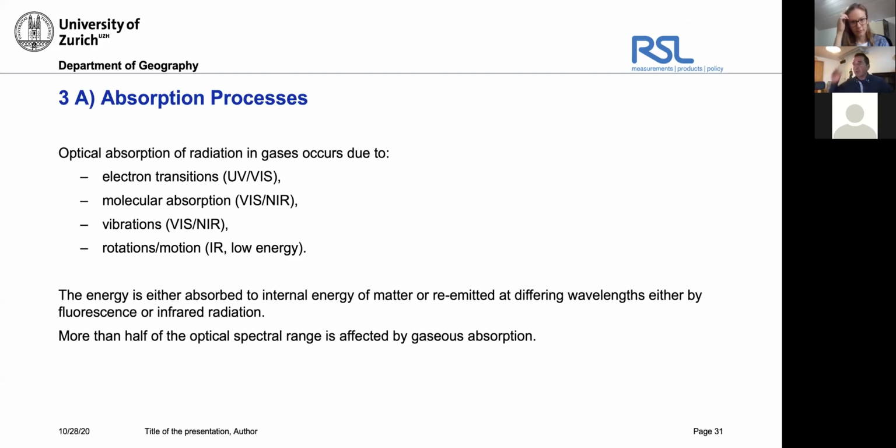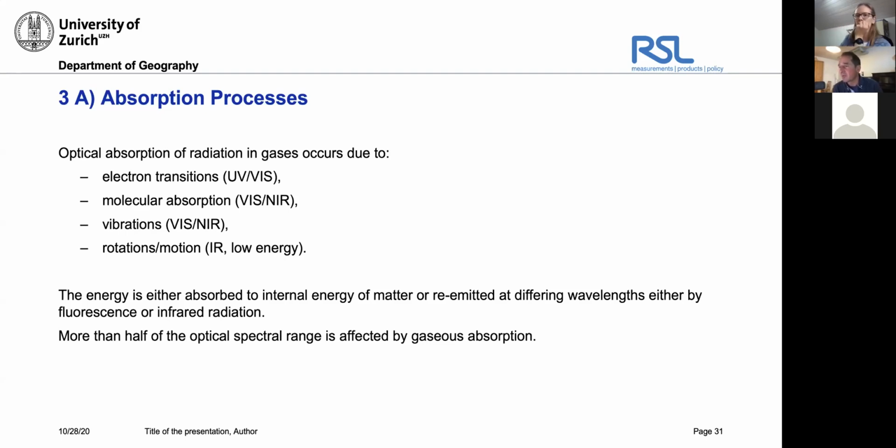So first of all, if you do absorption, what happens? Usually in the UV, you get electron transitions within the atom. Molecular absorption means the variation of atoms against each other, so vibrations, and also in the bindings of the molecules, some absorption may happen.